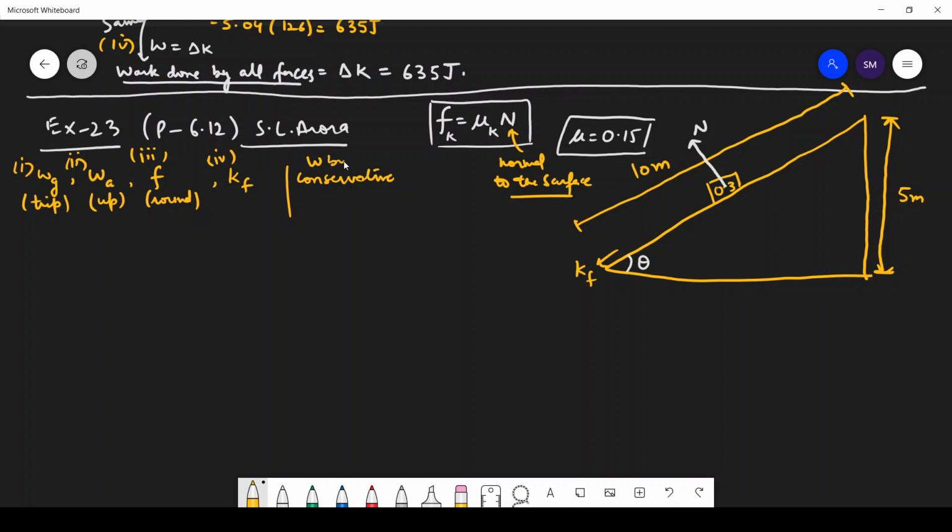So work done by conservative force and by non-conservative force. Okay. This also we need to understand, because the conservative force here is your gravitational force and the non-conservative force is your force of friction, which is F.